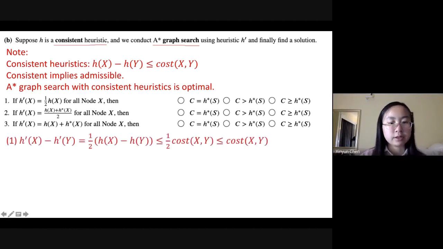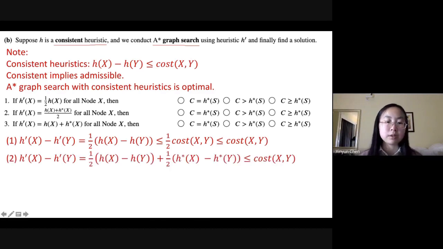Firstly, we can show that h prime is still consistent because this difference is just divided by 2, so it is still lower than the cost between the nodes X and Y. Similarly, we can show that the average of h and h star is also still consistent.